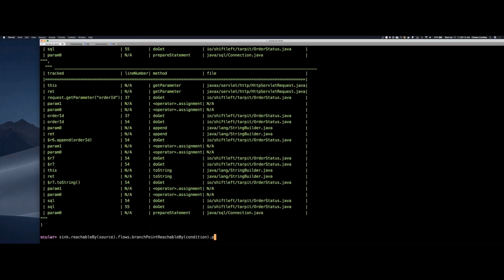Note that all results in Ocular are often delivered in the format of an information flow. And there is a great amount of detail in association with that information flow format. It carries the parameter that is influencing the information flow, like you see cataloged as tracked, and line numbers associated with that are also cataloged.